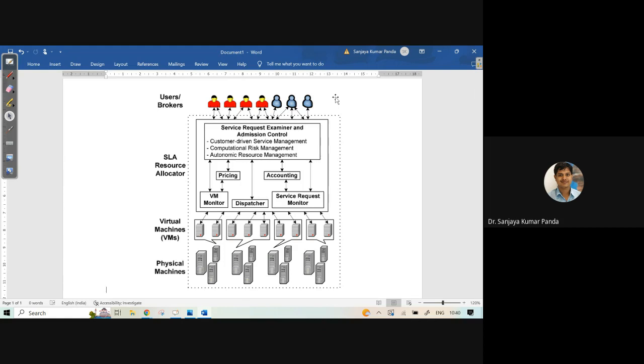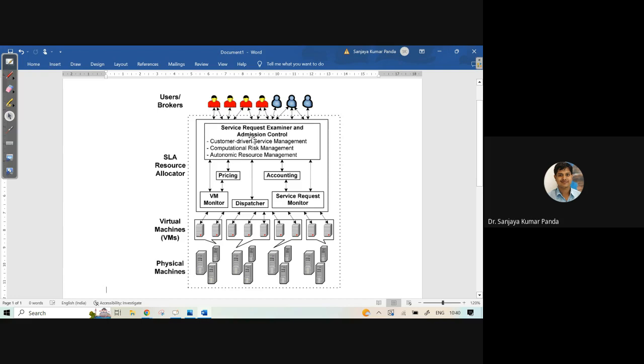But the overall job is that the user can directly interact with the system. You can see there is a bi-directional arrow, right? So the user can directly interact with the system, or the broker can also directly interact with the system. But if the user is incapable, then the broker is going to do the same thing for the user.